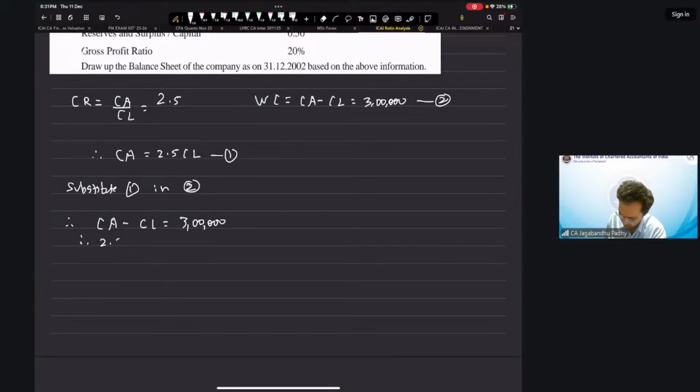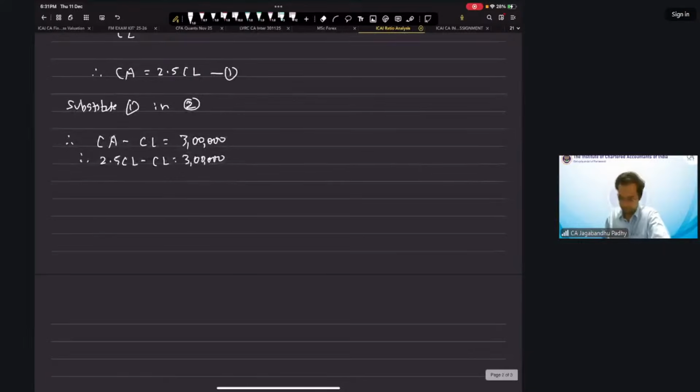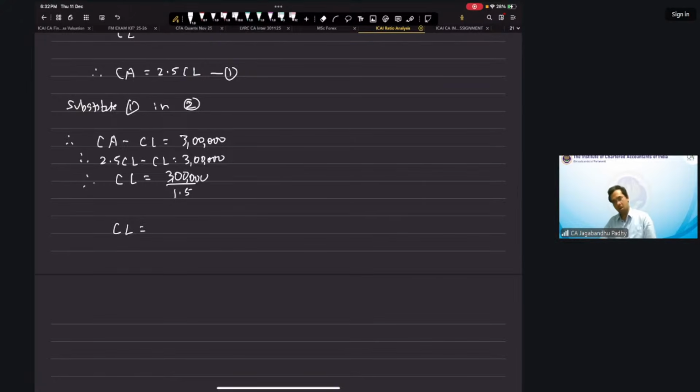Therefore, current asset is 2.5 current liability minus current liability is 3 lakh. So we get the current liability as 3 lakh divided by 1.5. So current liability is going to be how much, guys? How much is current liability? 2 lakh.